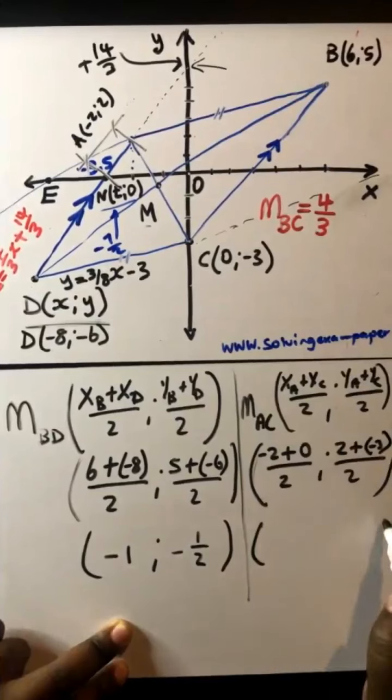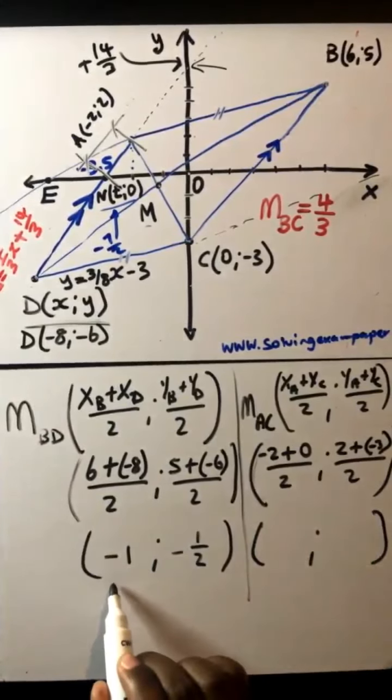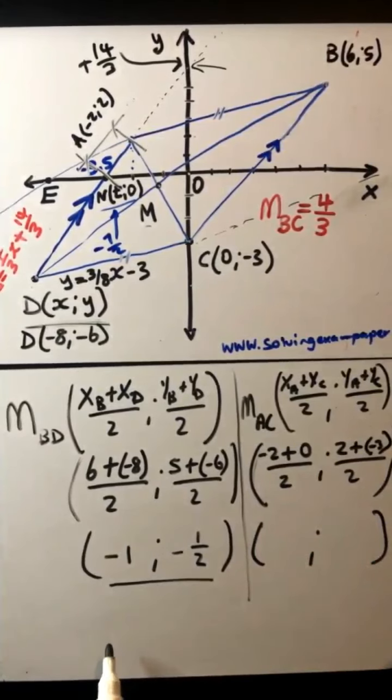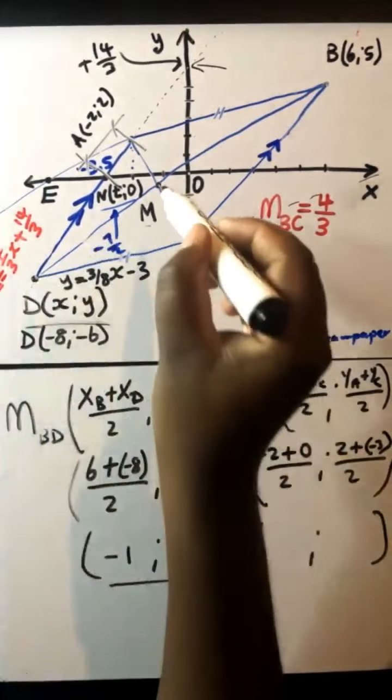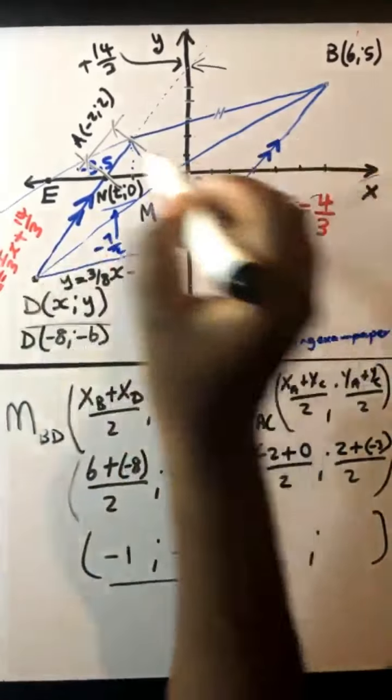Then let's punch all of this on a calculator. We are expecting to find these same values. If we get these same values, ladies and gentlemen, then it means indeed this is a parallelogram, because we've just indicated that this is the intersection of that line and that line.